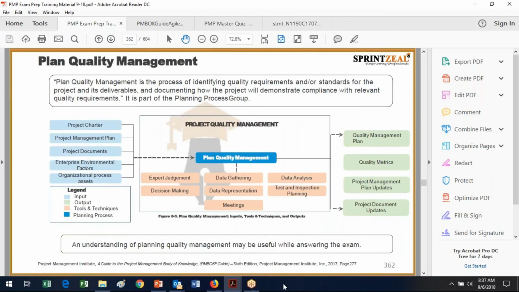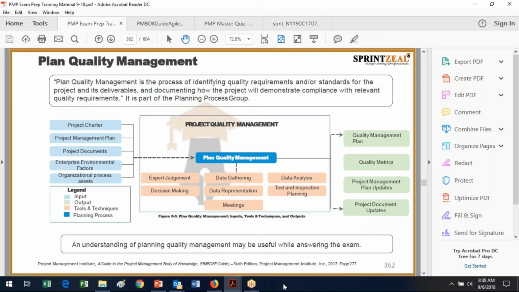So our first process is the process of identifying quality requirements and or standards for the project and its deliverables and documenting how the project will demonstrate compliance with relevant quality requirements. So we use kind of our typical inputs, the project charter. And remember, the project charter had the high-level cost and schedule and scope and risks, and it also had the high-level requirements.